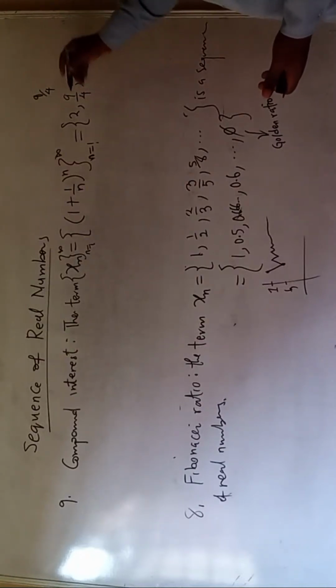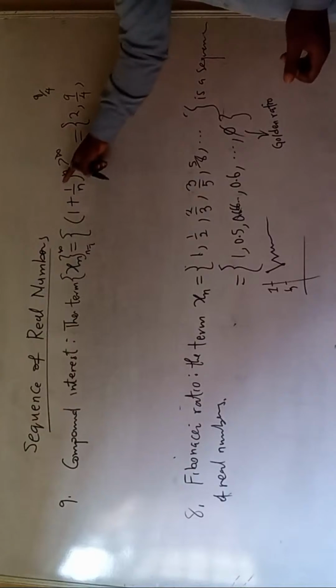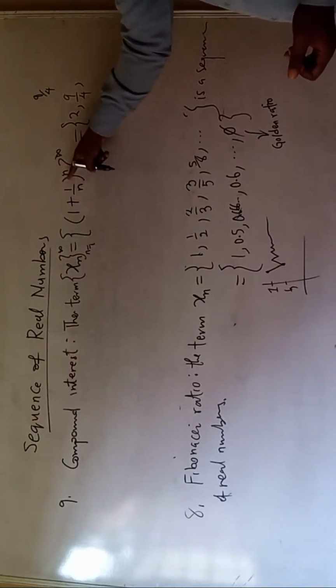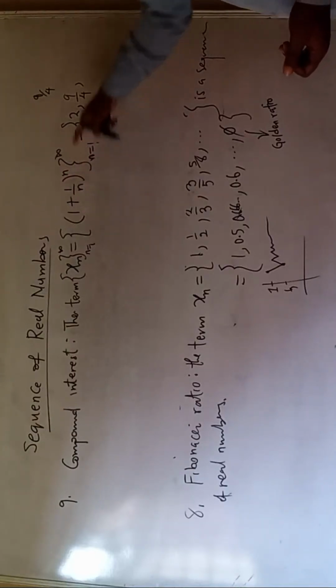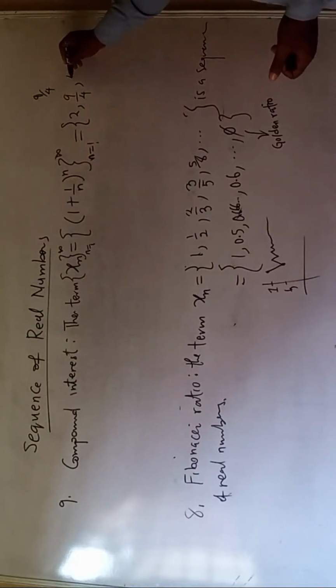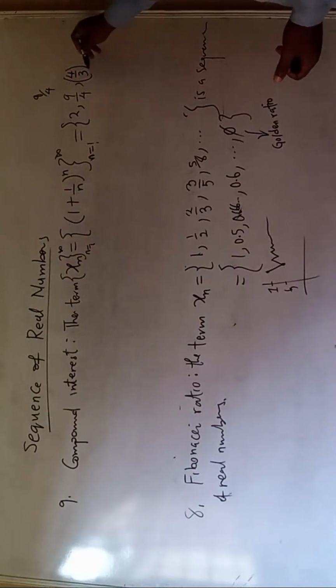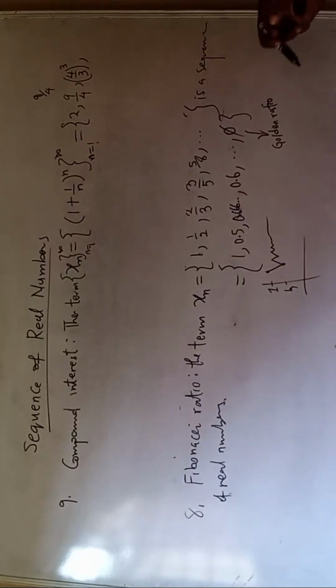So when n is 3, this will be 1/3, this will be 3. So 1 plus 1/3, that will be 4/3 raised to the power of 3. Again, if you take the cube of this, you can write it in decimal.